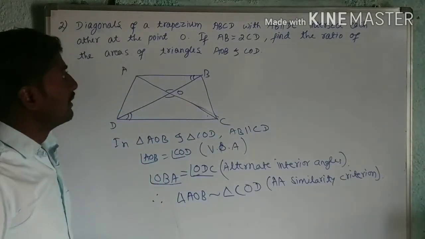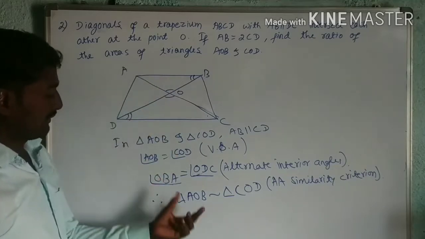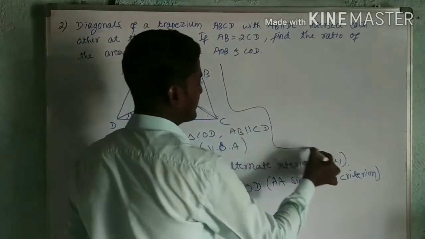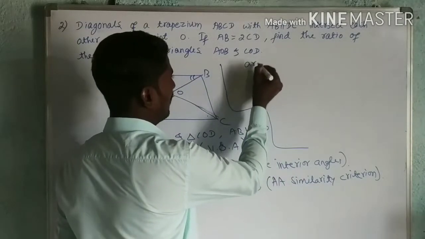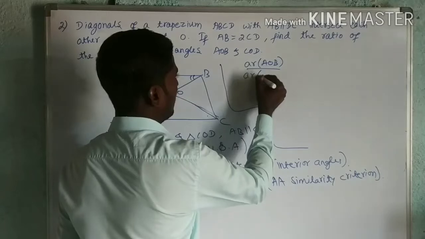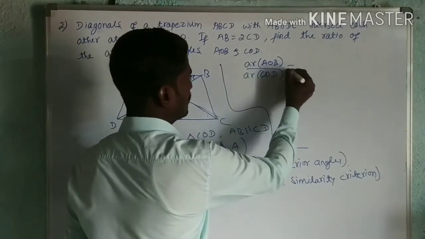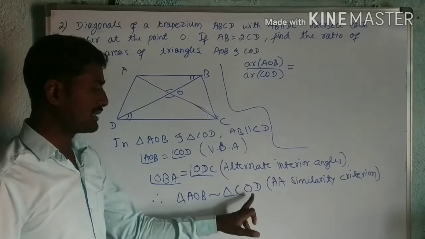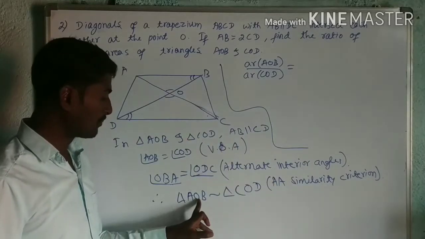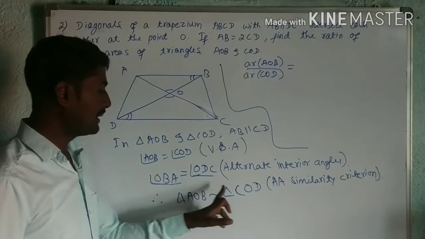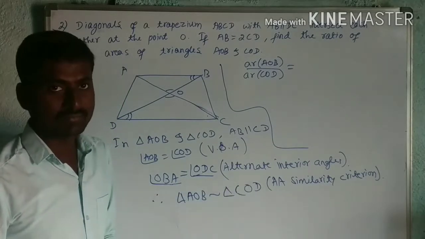Next. If these two triangles are similar, then we know the ratio of area of triangle AOB and COD is equal to AO divided by CO whole square, equal to OB divided by OD whole square, equal to AB divided by CD whole square.